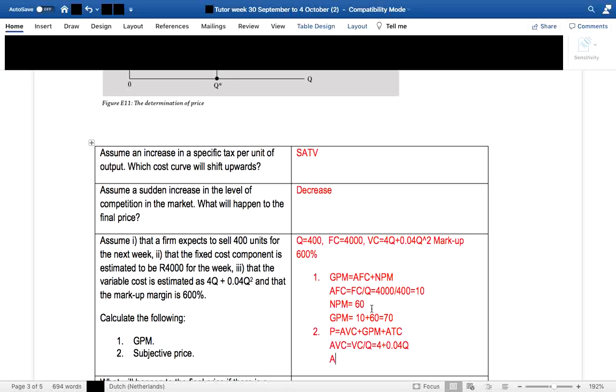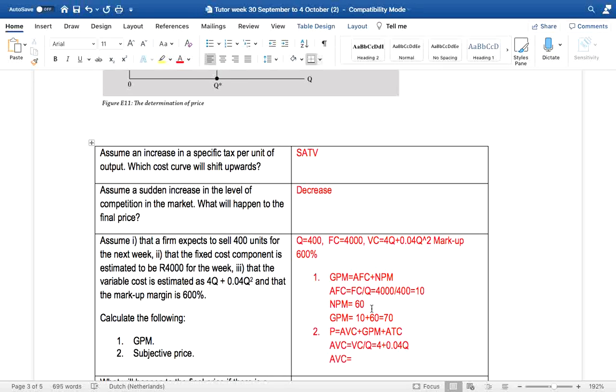So this means that AVC is equal to 4 plus 0.04 times 400, which should give you 20 if I'm not mistaken.